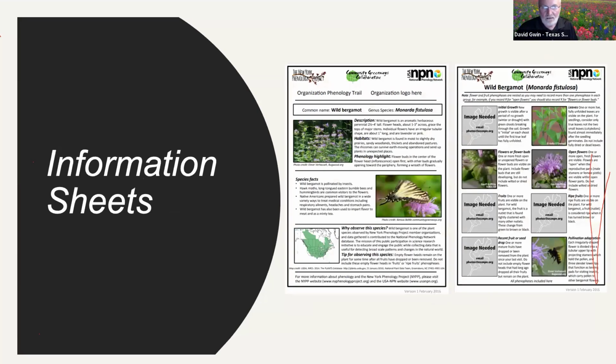We'll also, if you provide your name and email address and indicate that you want to be part of the project and receive more information, send out info sheets on a regular basis, usually once a month or once every other month, on the particular plant species that are important in Texas.